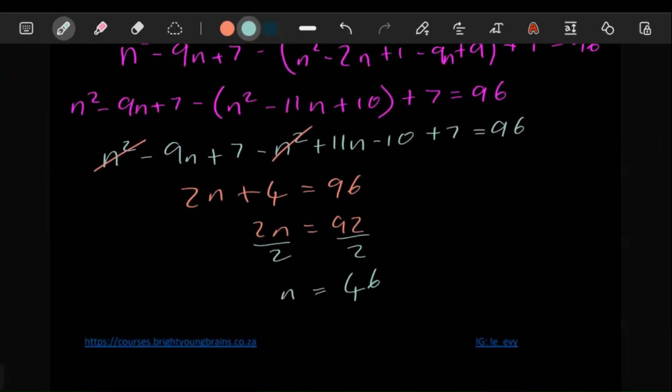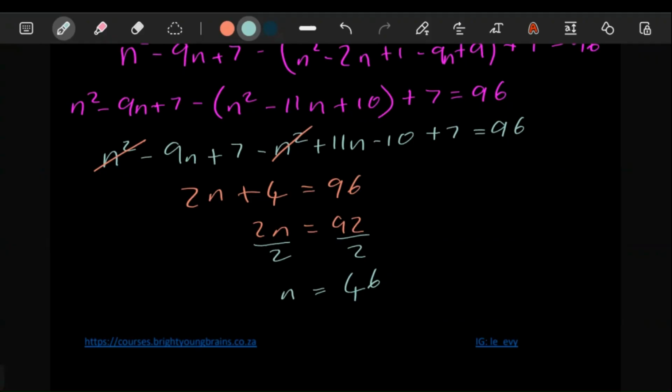So what this is telling us is that our value of n is 46, which is very believable, because the way we did whatever we did, it doesn't seem too far-fetched in any way. But obviously you may be wondering and thinking to yourself, okay, fine, how do we double check?